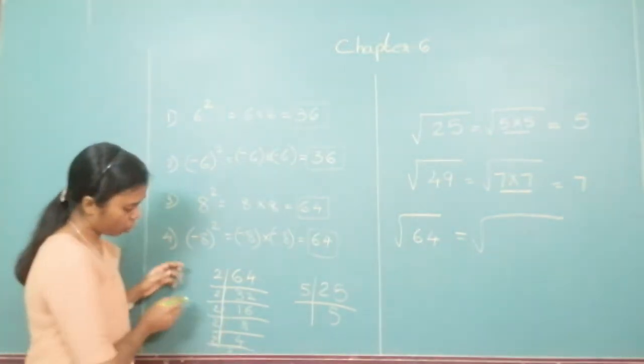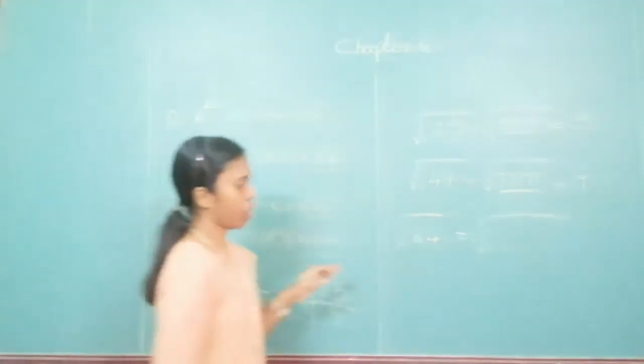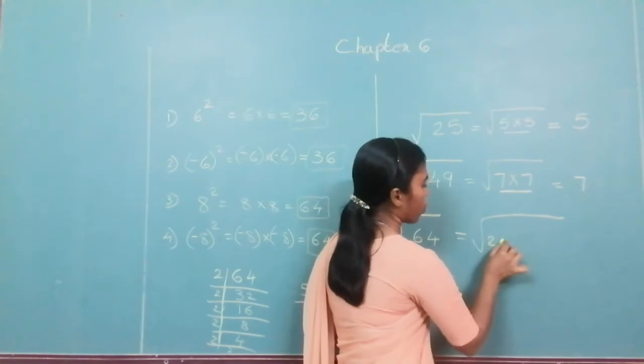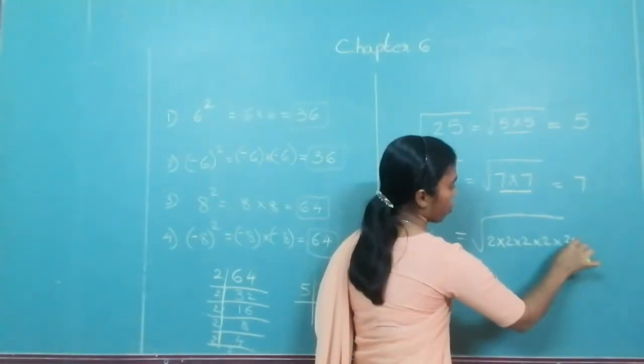So how many 2s are you getting over here? 1, 2, 3, 4, 5, 6. So the prime factors are 2 into 2 into 2 into 2 into 2 into 2.